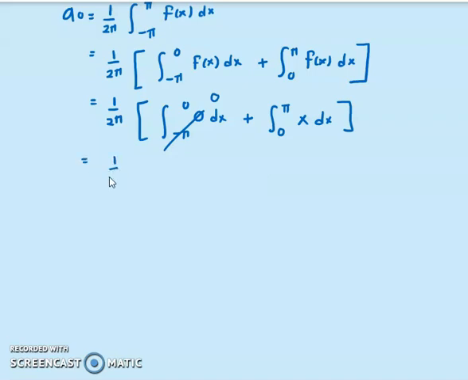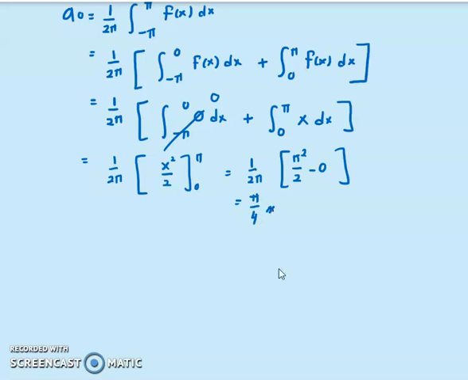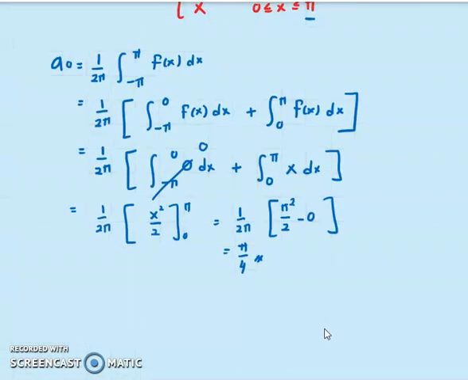So we have 1 over 2 pi. Now integrating x will be x squared over 2 from 0 to pi. So this will give me pi squared over 2 minus 0. So cancelling out the pi, we have pi over 4. Okay, so this is for my a naught.